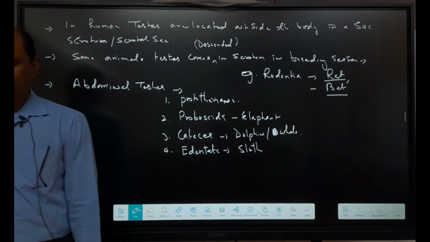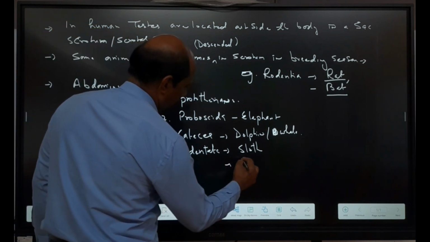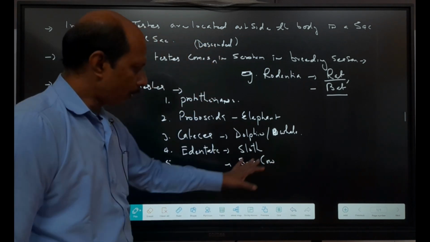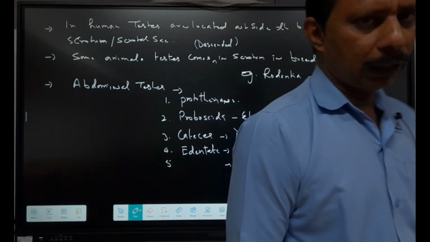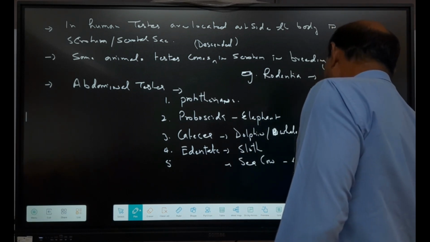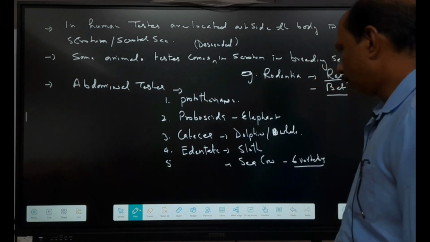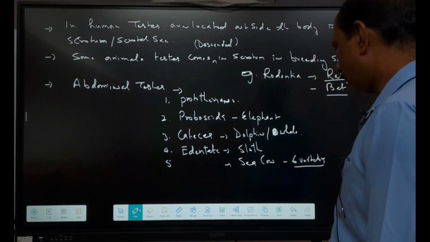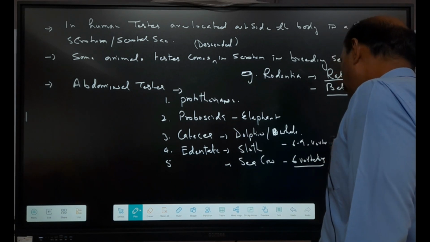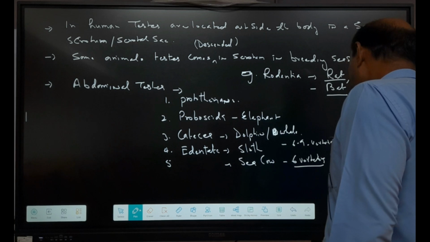And one more is the sea cow. You also know that the sea cow has six cervical vertebrae, an exception. Sloth has 6 to 9 cervical vertebrae.